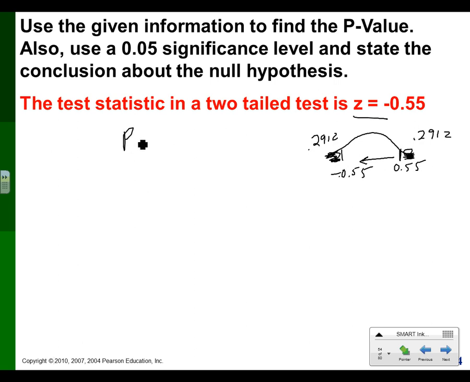However, the p-value is not 0.2912. What is it? So how do you get 0.5824? Yeah, remember, the p-value is both regions. Is this less than, equal to, or greater than 0.05? Greater than, so you failed to reject.